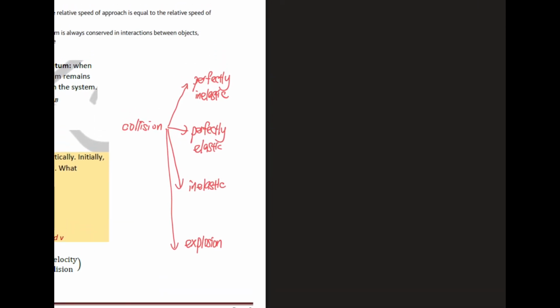The first type, perfectly inelastic. What happens here is two objects collide and stick together. That is perfectly inelastic, so they will stick together.